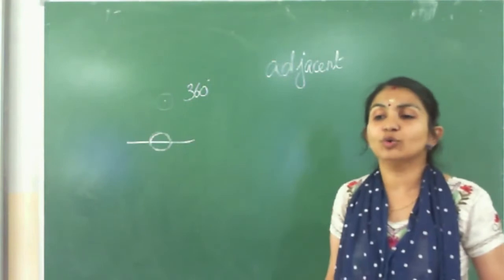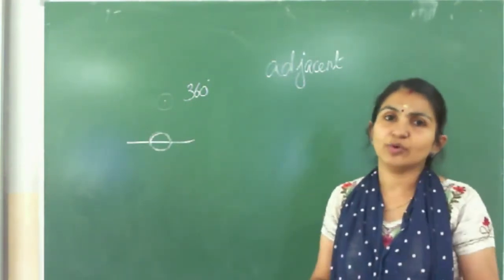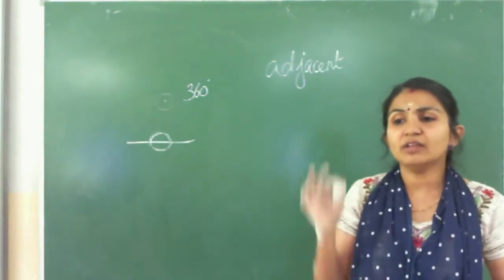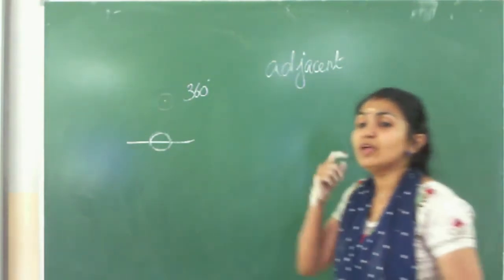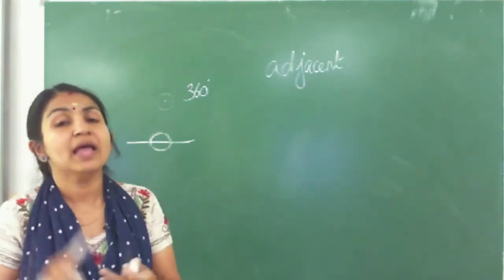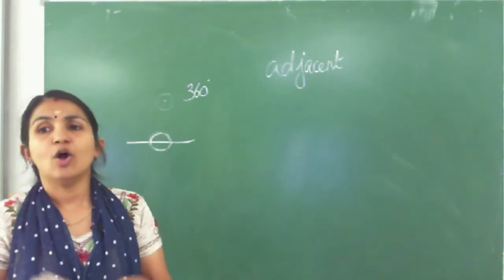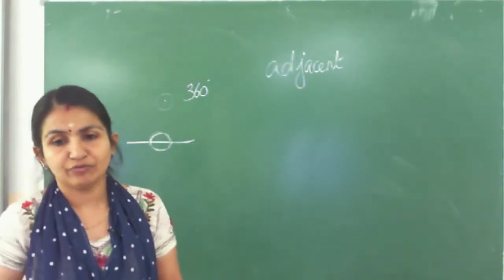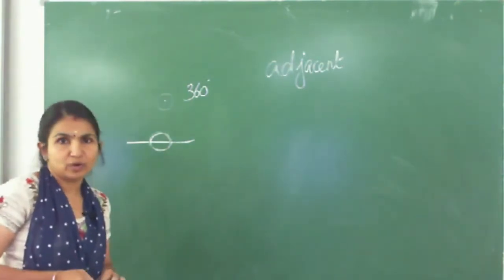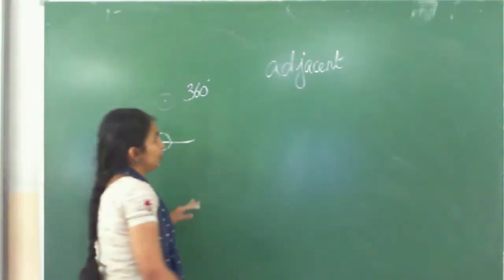Adjacent angles are those angles which satisfy 3 points: if they have a common vertex, if they have a common arm, and the other 2 arms are opposite of the common one. I know that all of a sudden it won't be easy for you.